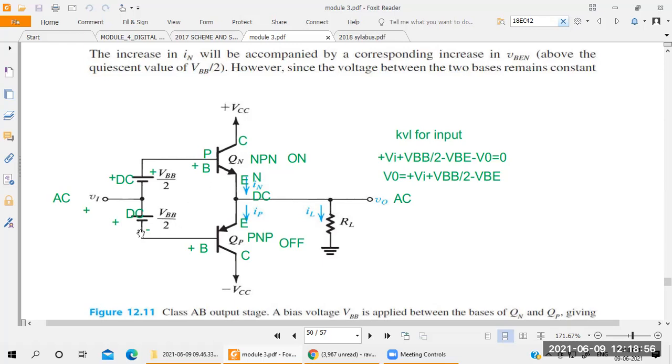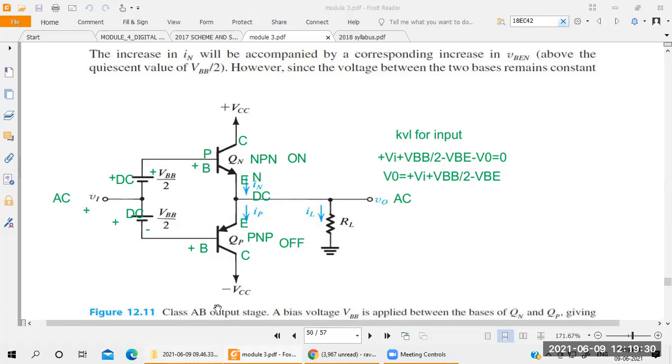The negative DC supply is connected to the base of the PNP, because PNP takes negative voltage for conduction. Then NPN for what here? Positive voltage. So take the positive DC supply for the base of the NPN, and the negative DC supply connects to the base of the PNP.